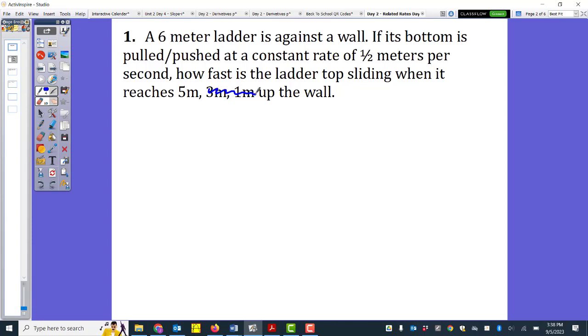All right, so what we're looking at, and I'm going to draw my situation. We got our brick wall here. Here's the brick wall. We got our ground. Here's the ground. And we got our ladder. And we'll use a darker gray ladder. Here's the ladder.